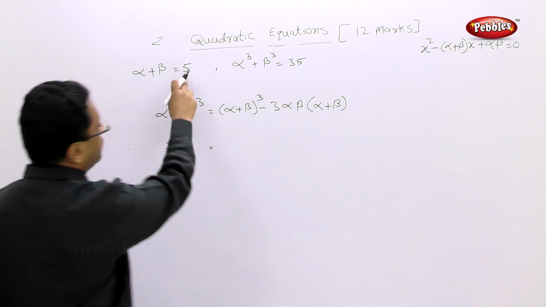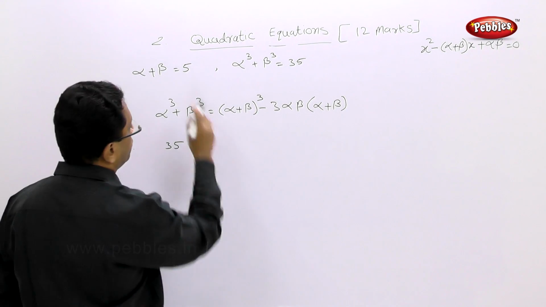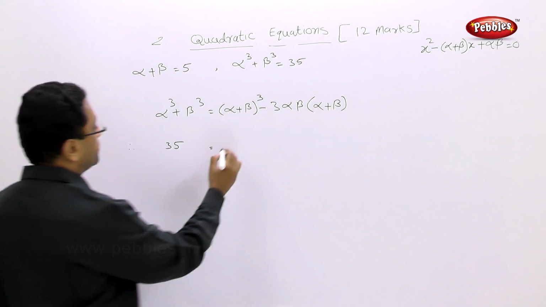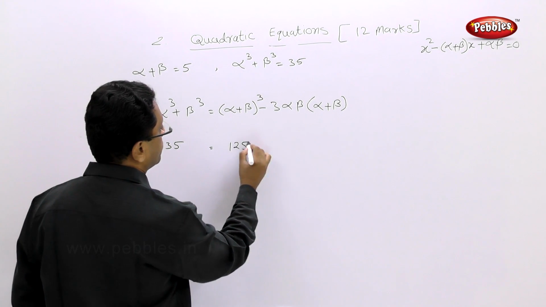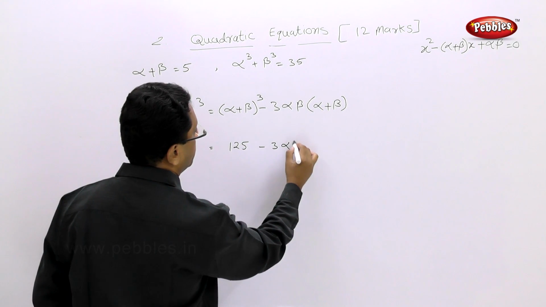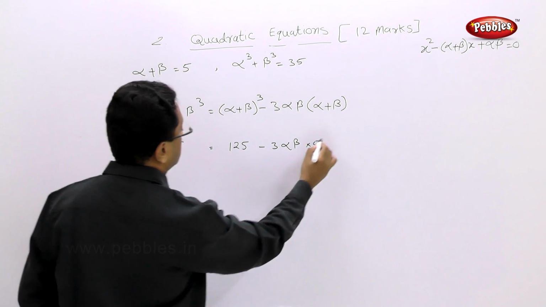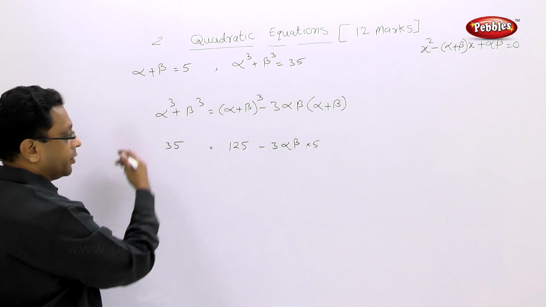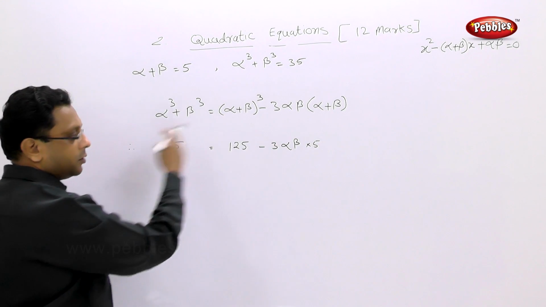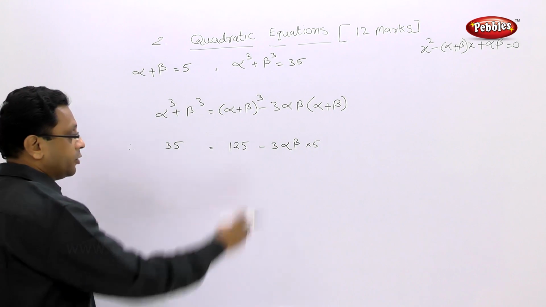Alpha plus beta we know is 5, cube is 125, minus 3 alpha beta into 5. We'll just bring 3 alpha beta into 5 here.